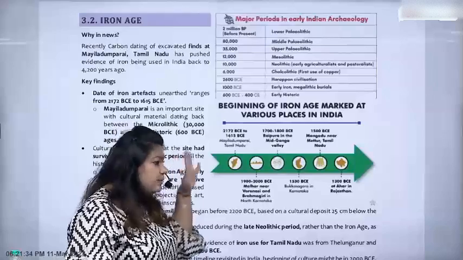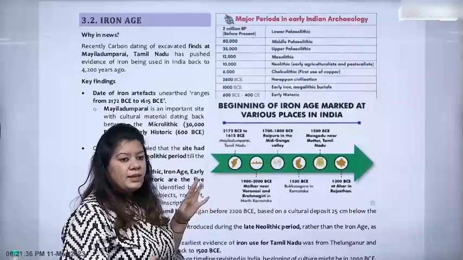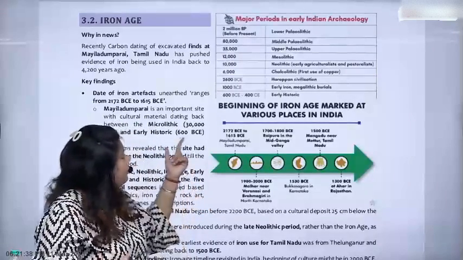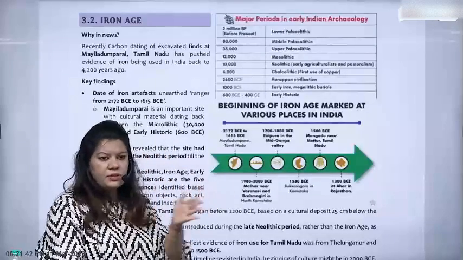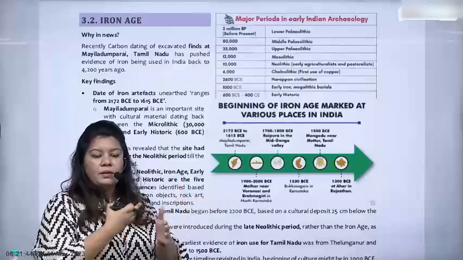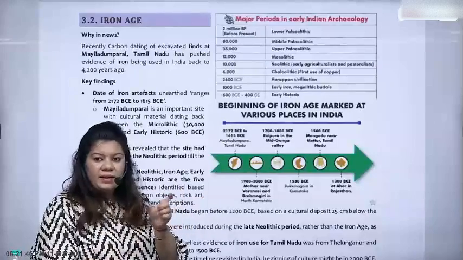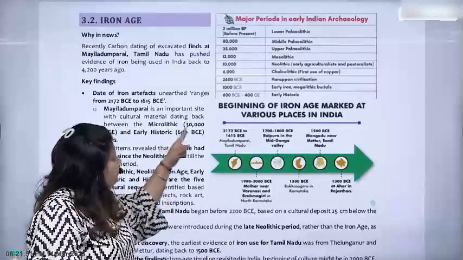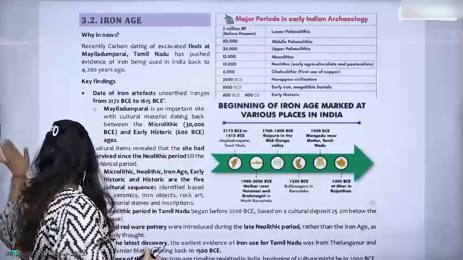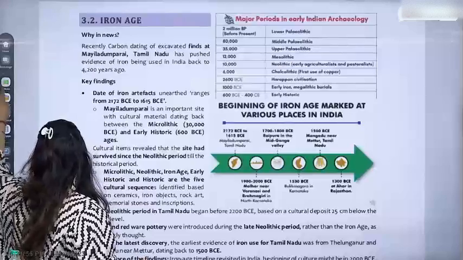So don't have this confusion if you come across why certain Neolithic sites are found in Chalcolithic, because they were signifying a kind of transition. Okay. Now after this understanding, let's understand how you have to have a framework on this topic.